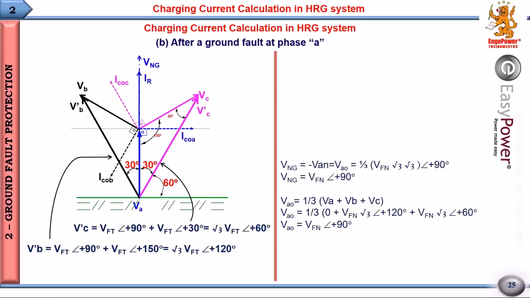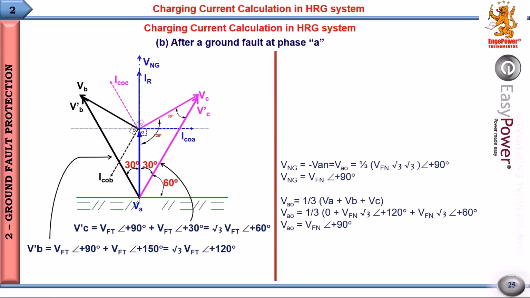Here is the line-to-ground voltage with 90 degrees, with this one with 30 degrees. So what we reach, the magnitude rises to a new value given by the square root of 3 times the single line-to-ground voltage. And this angle is 60 degrees. For phase C it is the same.